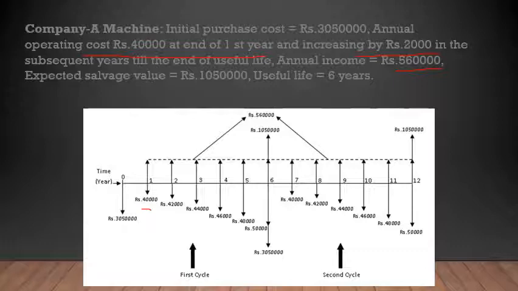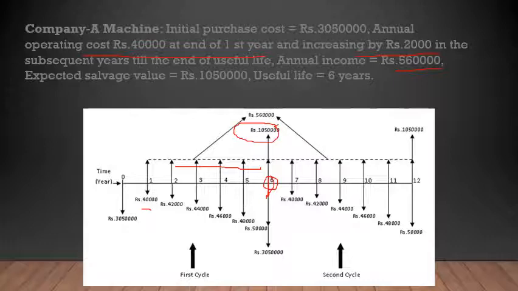Just for the moment, stop here. And then an income of 5,60,000, represent that also till the 6th year. Okay, first let us draw up to the 6th year, and then I will tell you how to repeat it. And an expected salvage value of 10,50,000, represent that also.